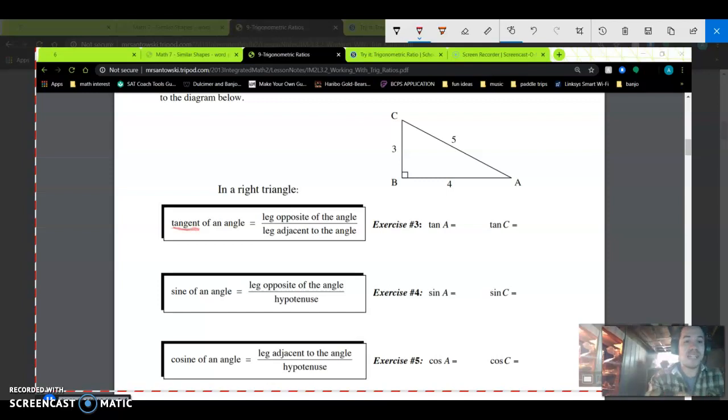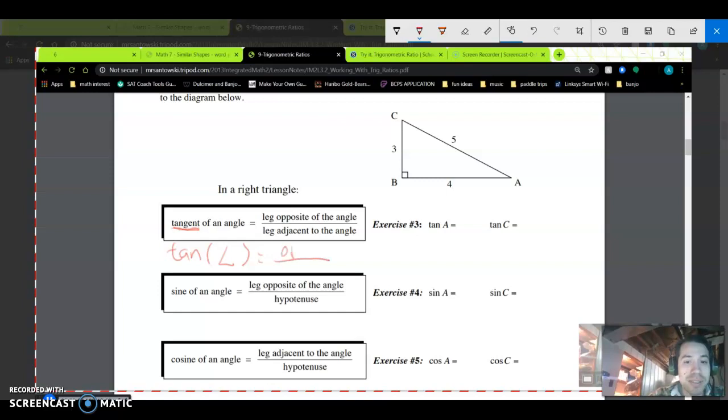Tangent we abbreviate as TAN. When we say of an angle, it means we're taking an operation of it. So tangent of some angle is equal to the opposite leg over the adjacent leg. And I'm going to show you what that means.